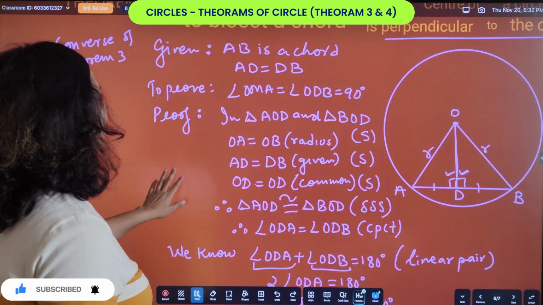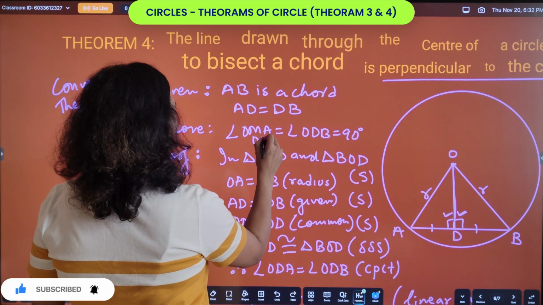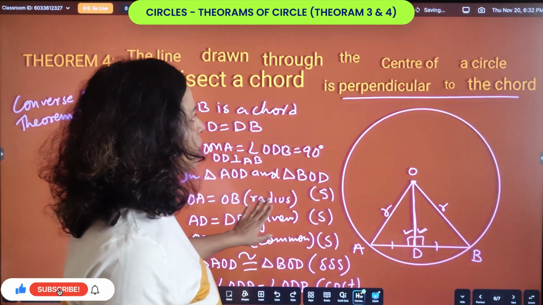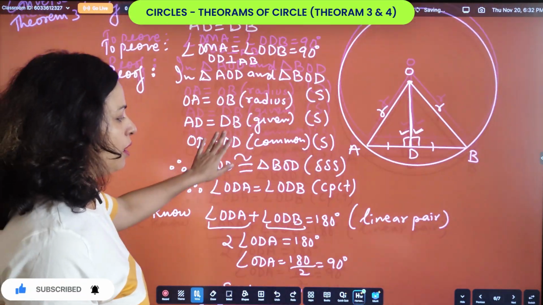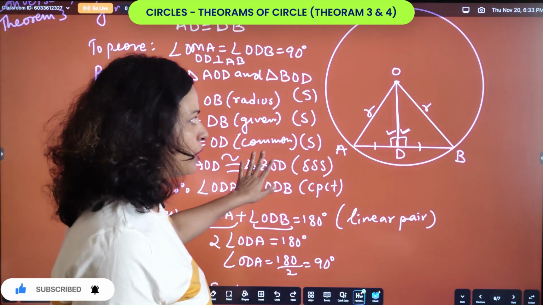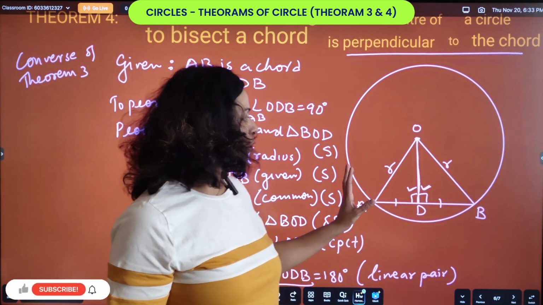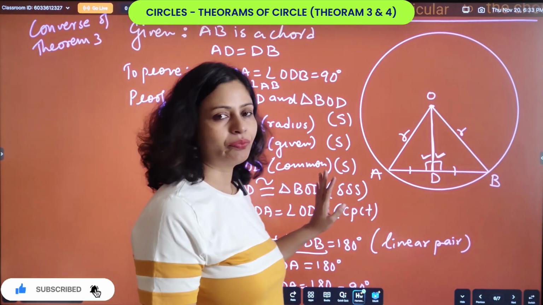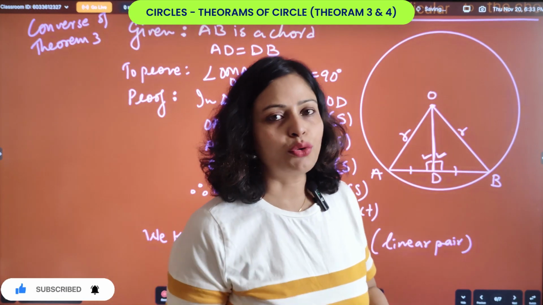That's what we needed to prove. OD perpendicular to AB, that is what we had to prove. So this is how this theorem is proved. This is very easy congruency. You need to know how to draw the diagram for that and how to prove it. Practice this, and surely you will get how to prove it.